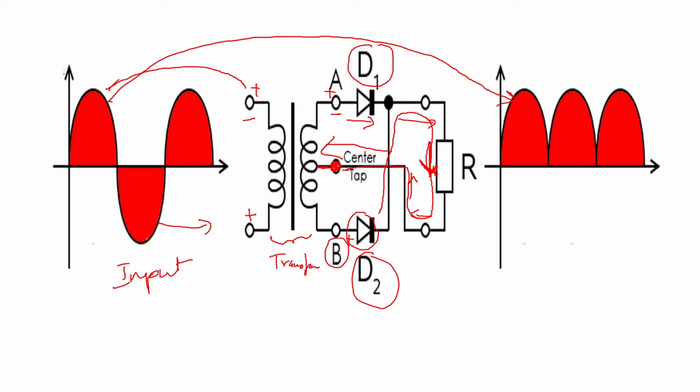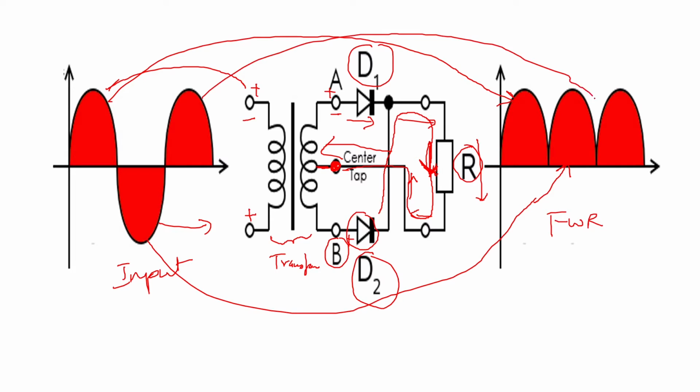That means when the input is negative half cycle, the output is a positive half cycle only, because the current flow in the load resistor is in one direction only, from top to bottom, in both the cases. So it is called full wave rectification. Again, when the input is positive half cycle, you will get the positive half cycle at the output.